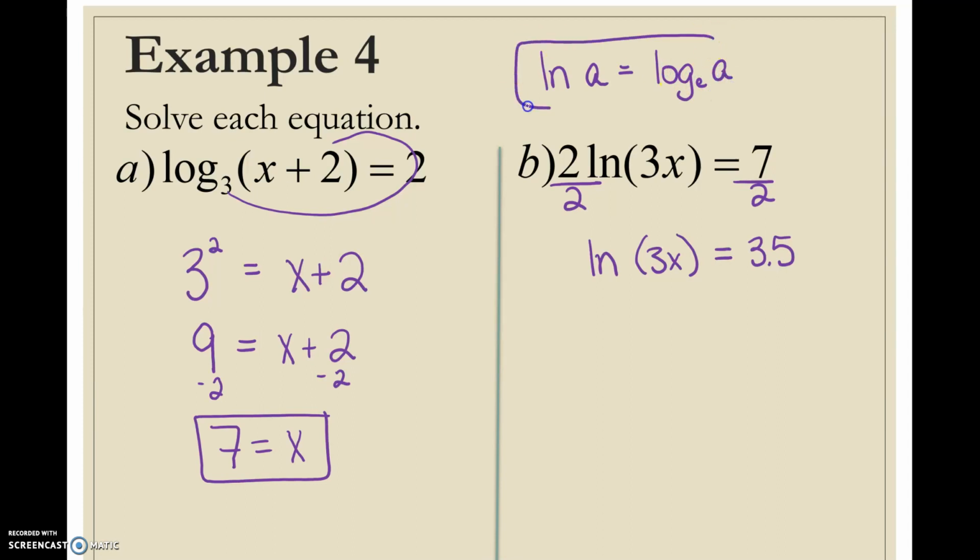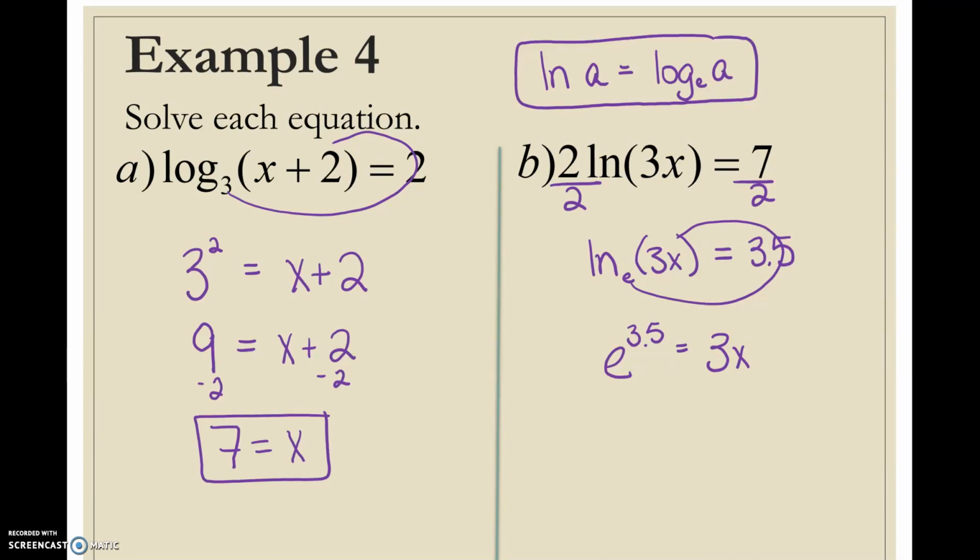I think we wrote that on a previous slide already. So anytime you see ln, you can either rewrite this as log base e, or just for laziness, stick a little e right there to remind yourself that ln means log base e. And now change forms. Woo! E raised to the 3.5 equals 3x.